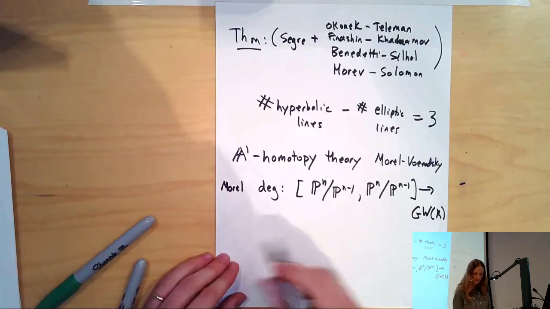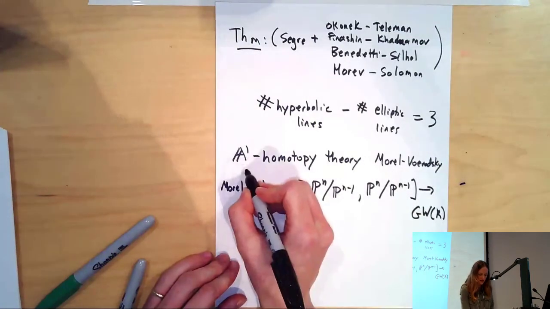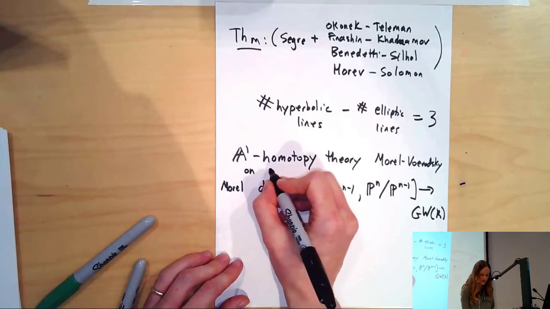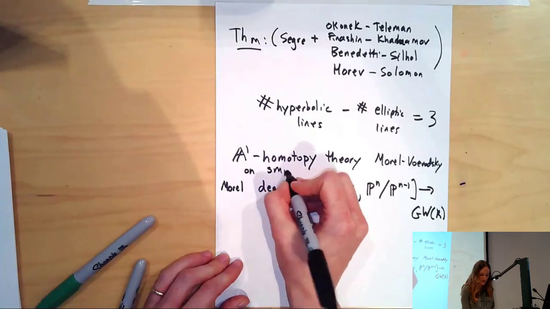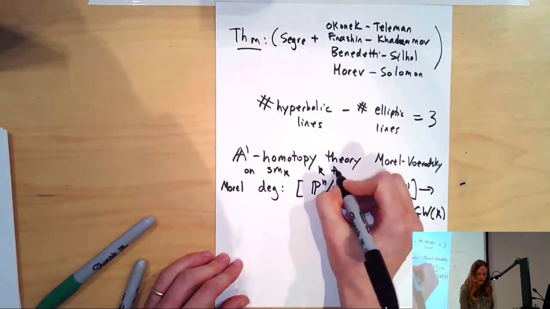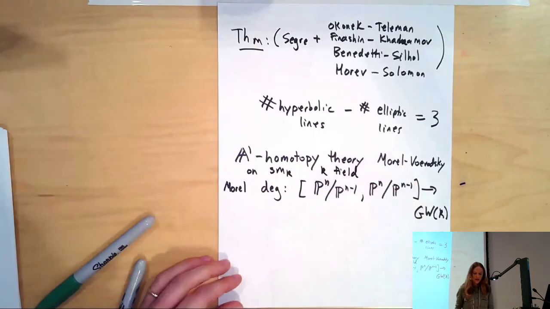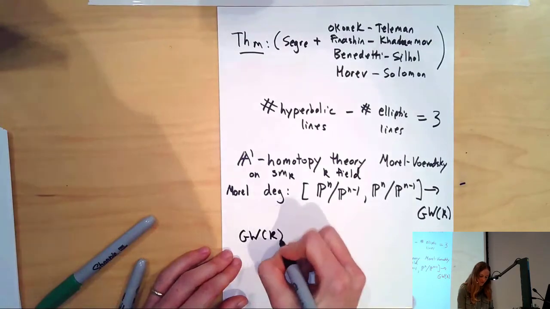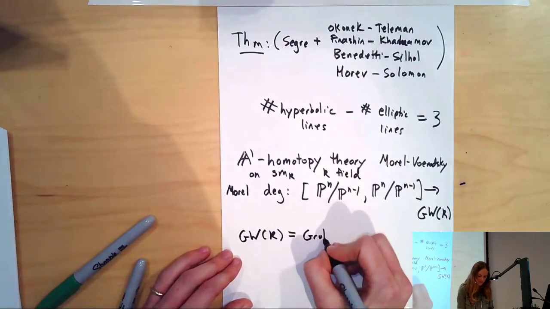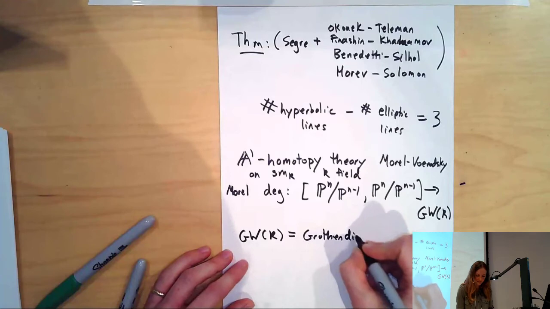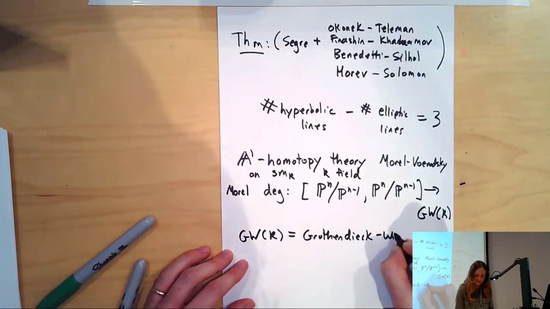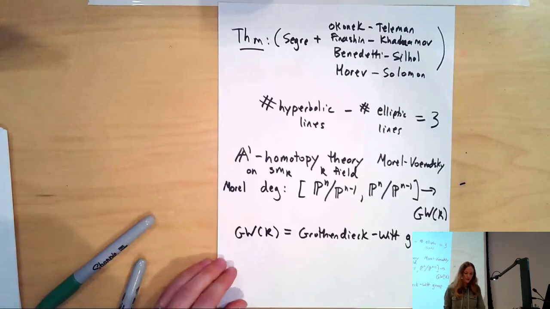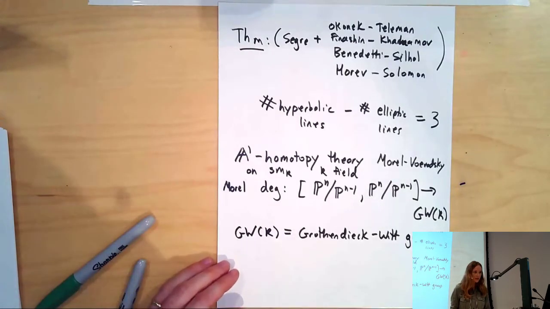GW of k, this is, let's say, on smooth schemes over k with k a field. So GW of k is the Grothendieck-Witt group. Its elements are formal differences of bilinear forms.